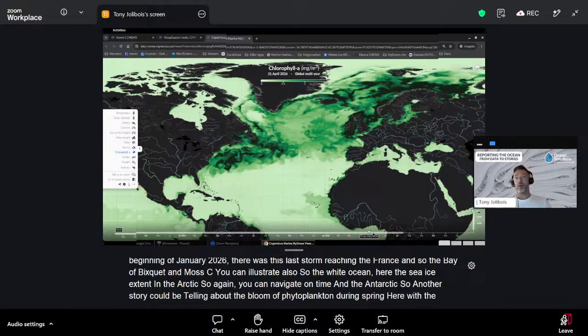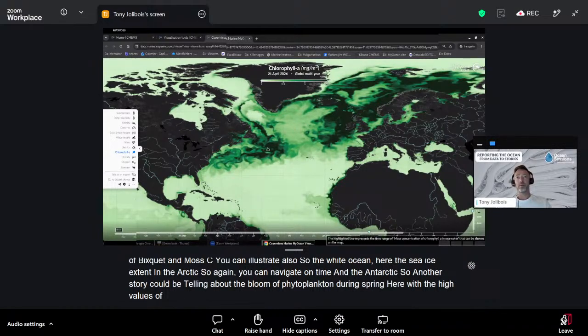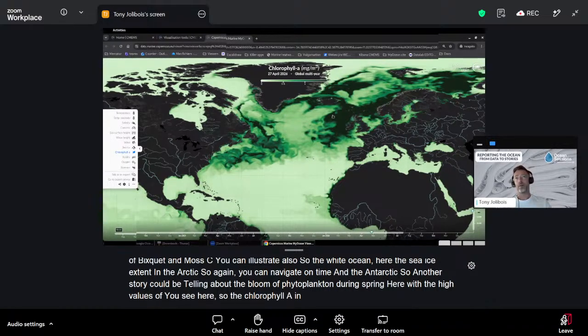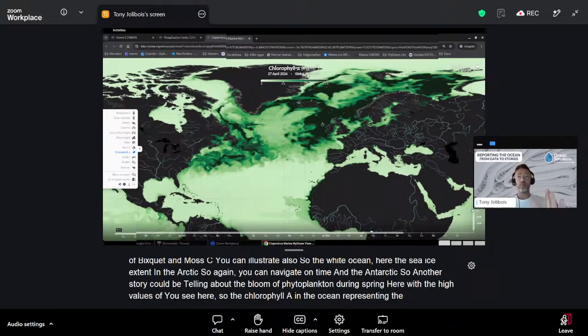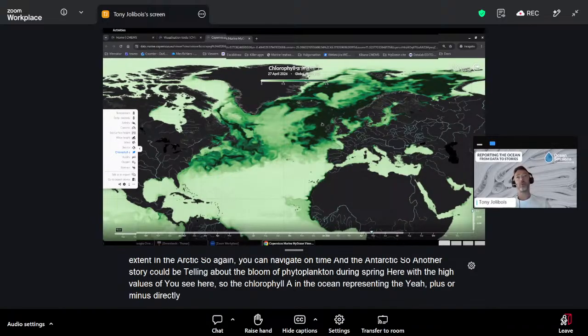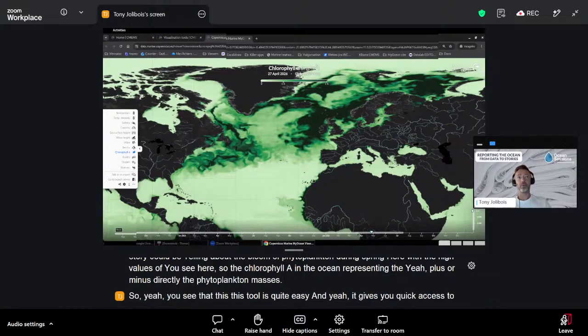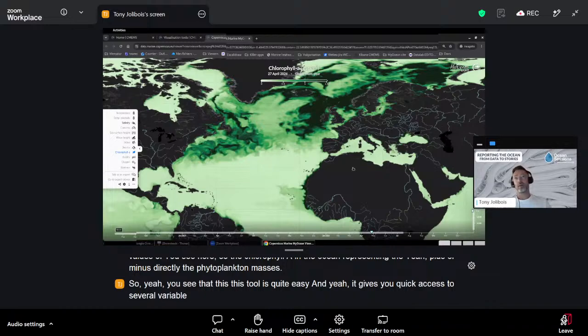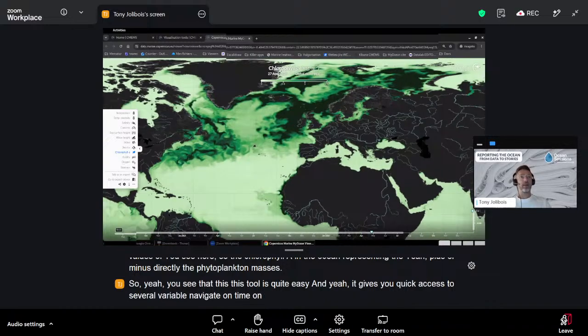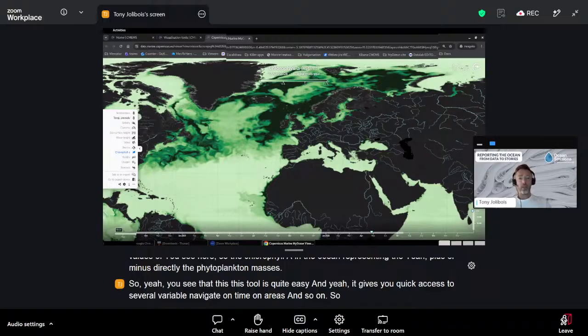Here with the high values of chlorophyll A in the ocean, representing more or less directly the phytoplankton mass. So yeah, you see that this tool is quite easy and it gives you quick access to several variables, navigating on time and on areas, and so on. So you can illustrate several topics.